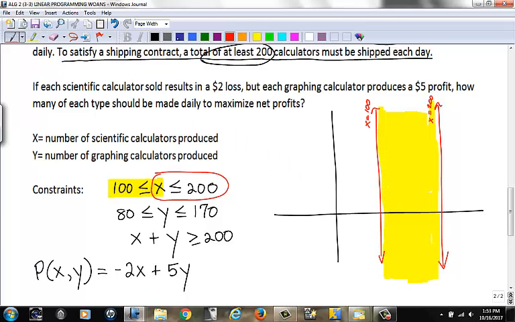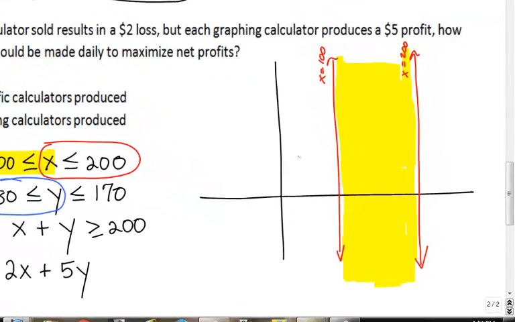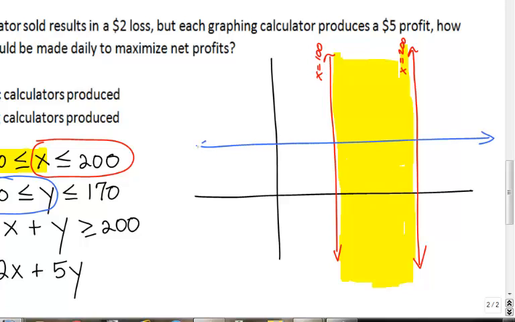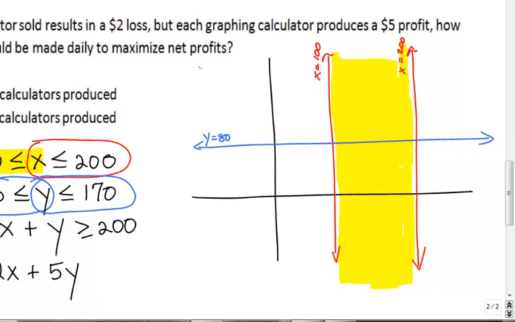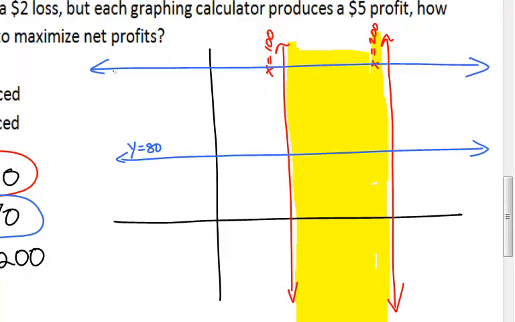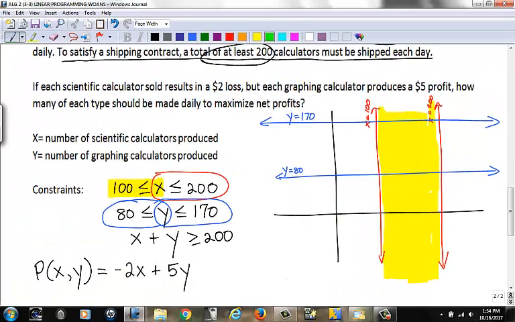Now we're going to do this part. Read it from the y. y is greater than or equal to 80. So y equals 80, a horizontal line at y equals 80. Greater than would be up above. y is less than or equal to 170. Say this is where y equals 170. So y is greater than or equal to 80 and less than or equal to 170, so in between.